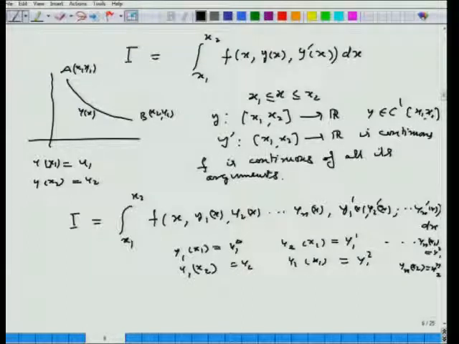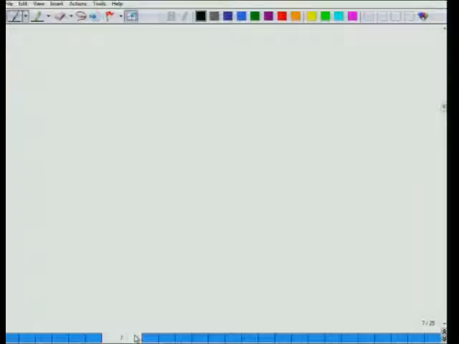So further generalization could be that you consider higher order derivatives.